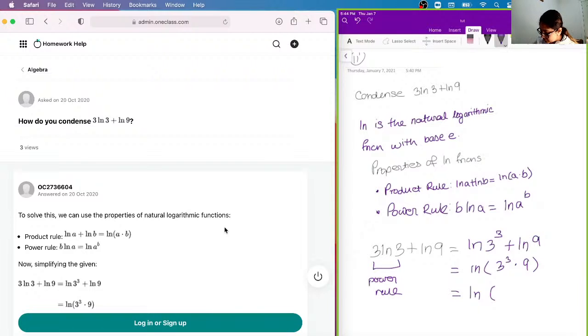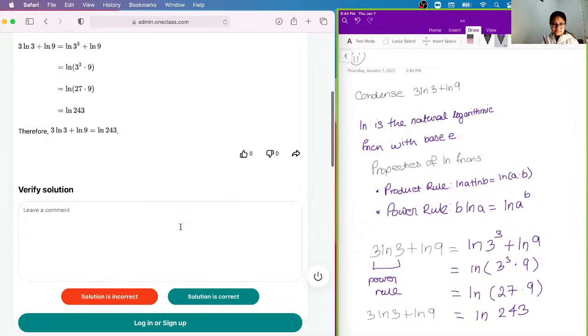So you have 27 times 9, and so you have ln of 243. Basically your answer is 3 ln 3 plus ln 9 is equal to ln of 243. And this is what they've got, so this is correct.